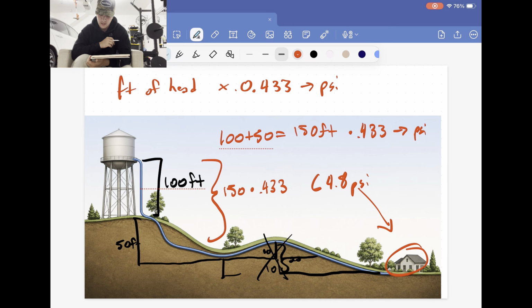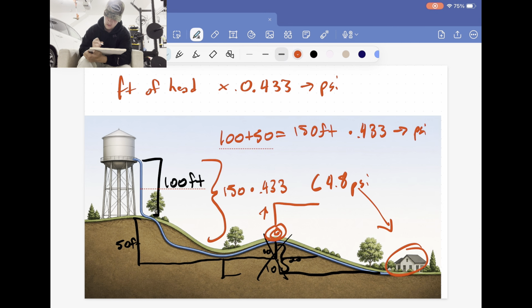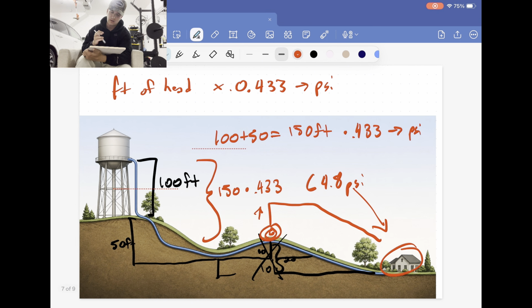So that's our PSI that we get from elevation, but if we added a pump here, that would spin the water around, add centrifugal forces, and basically increase so that we get additional feet of head, essentially, is the way that they do it.